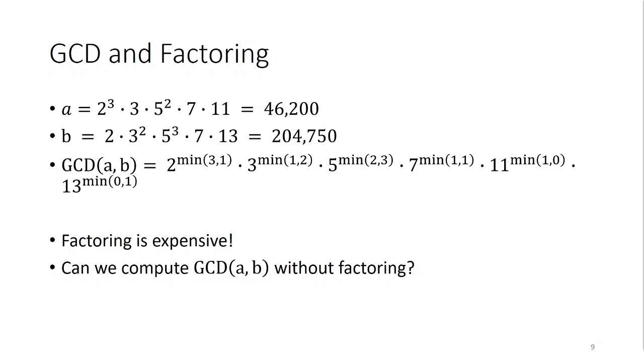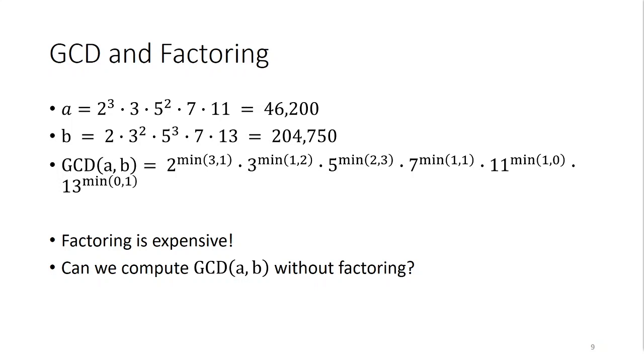For A, we have 3 twos, 1 three, 2 fives, 1 seven, and 1 eleven. B has a different set of primes, but it has 2, 3, 5, 7, and 13. It doesn't have 11, so the count for 11 will be 0.